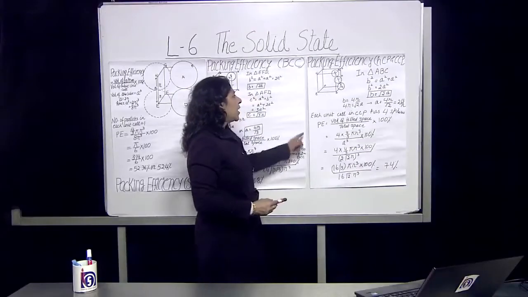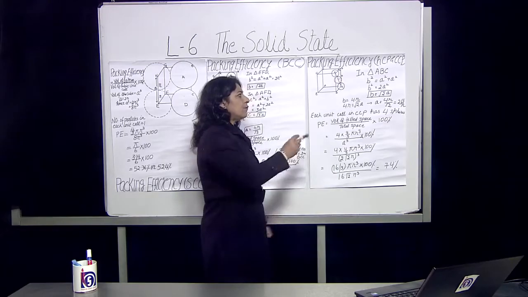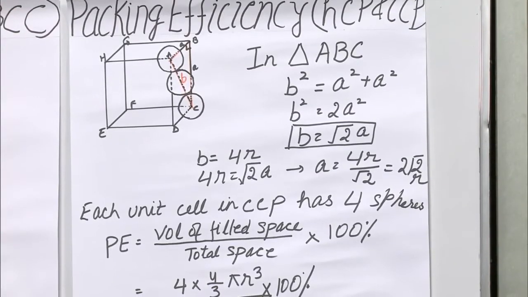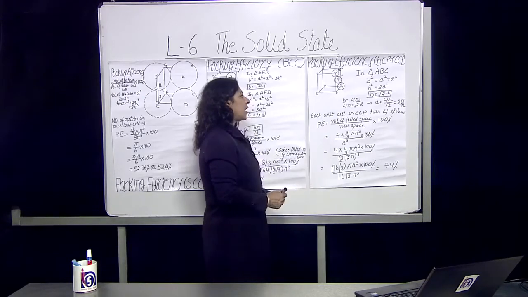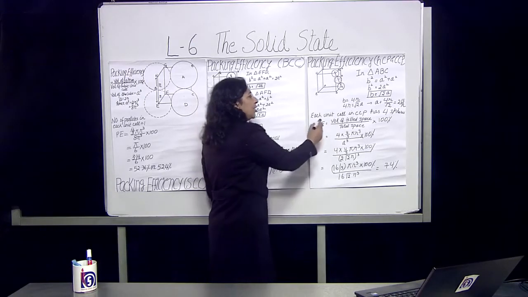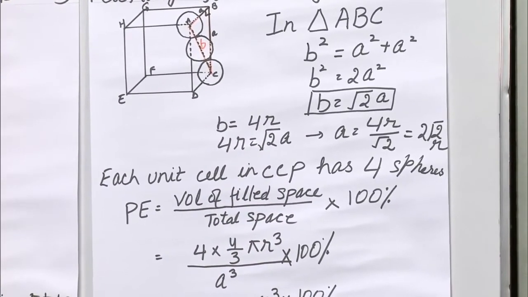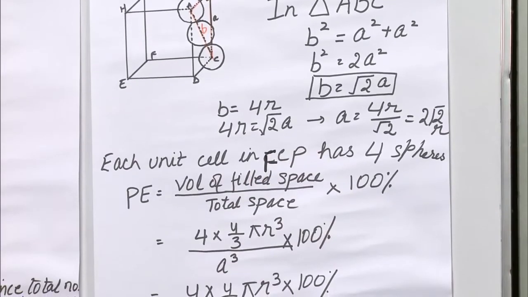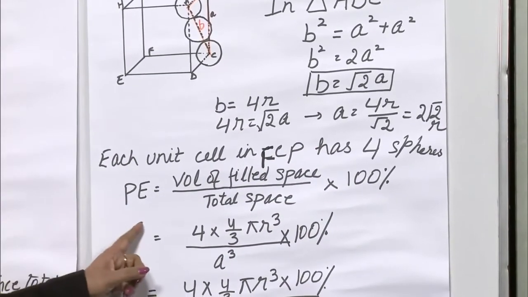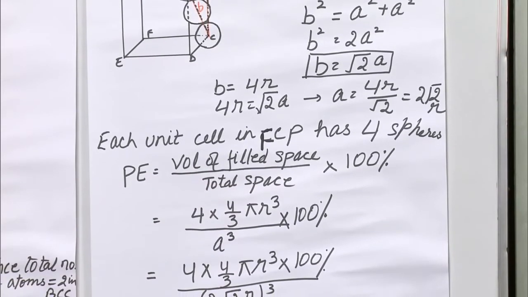Now each unit cell in cubic has 4 spheres, or rather we can say 4 atoms are there in that. Each unit cell in CCP has 4 spheres in total. Now packing efficiency, again the same formula: volume of filled space upon total space.